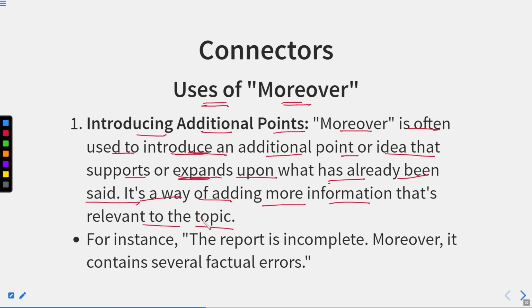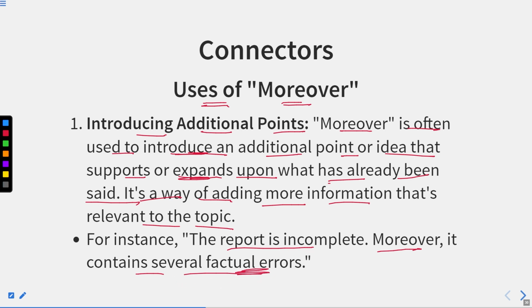And this is the main point: whatever we are adding by using moreover will introduce that particular additional point which is relevant to the topic or information given earlier. For instance, the report is incomplete. Moreover, it contains several factual errors.